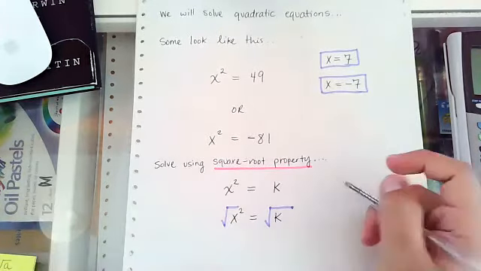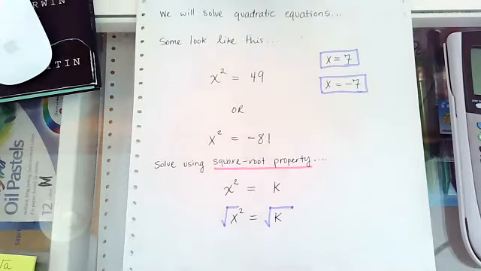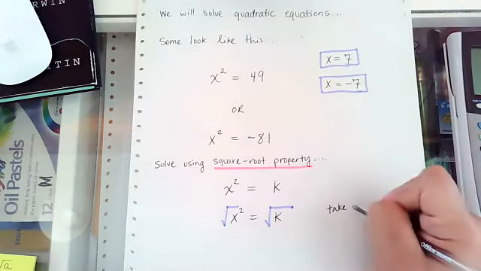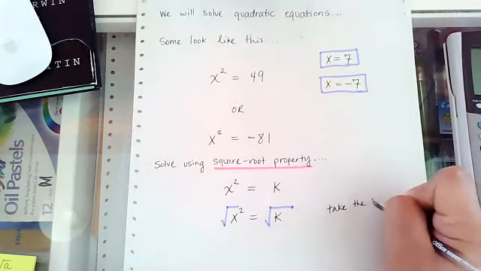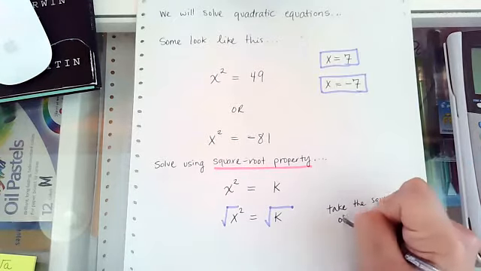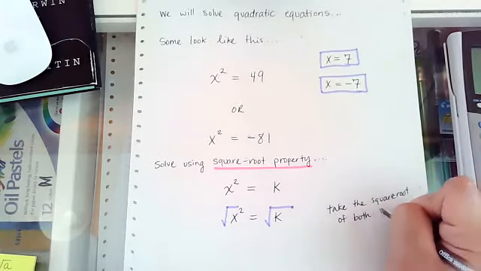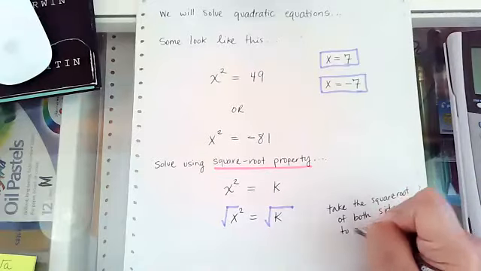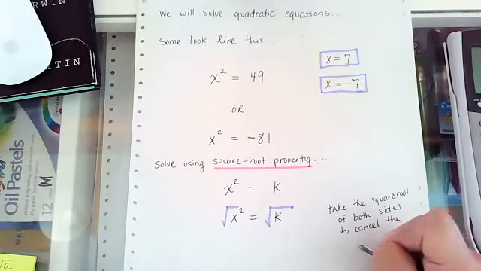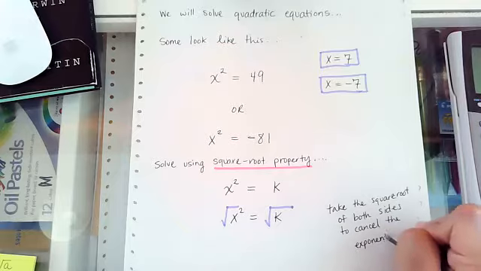So this is sort of like a new trick, a new tool in our toolbox of tools that will solve equations. So you can think about the square root property as just take the square root of both sides of the equation to cancel the exponent of 2.